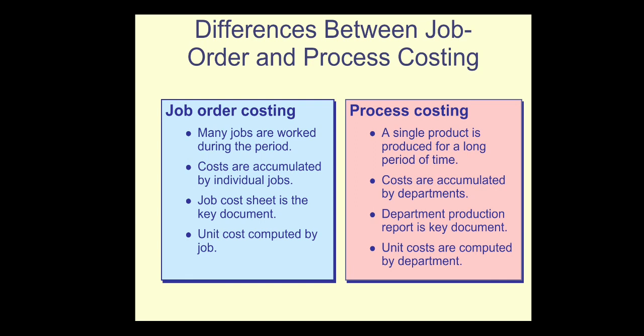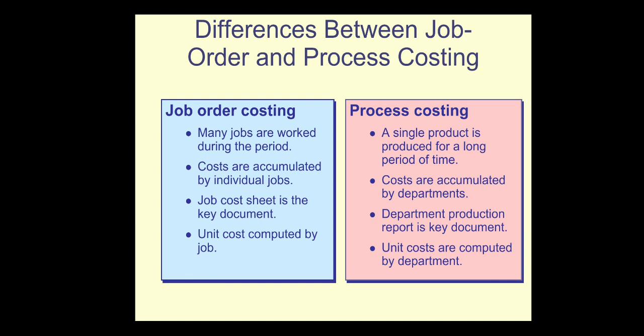But compared to a business that will use process costing, for example, the Coca-Cola company, the product is single, and we focus on the Coke soft drink. The product is single, but the product will be produced by the business every day for a very long period of time, every day for many years, the same.